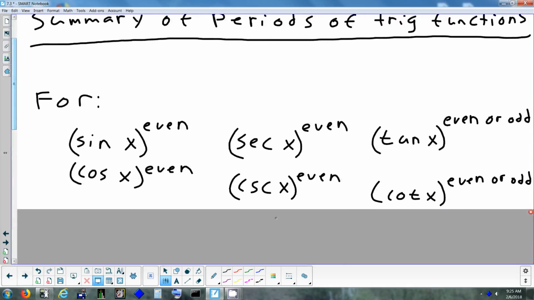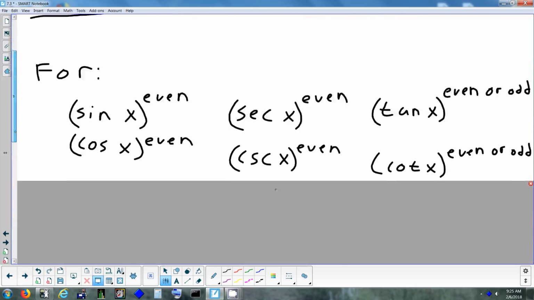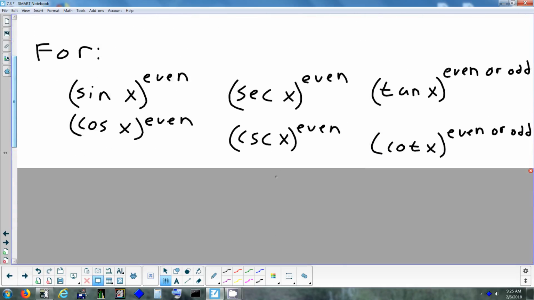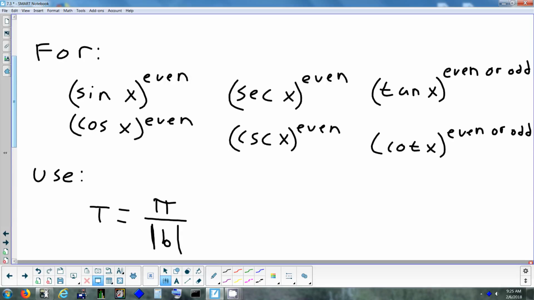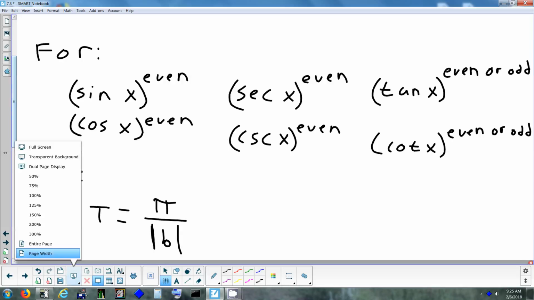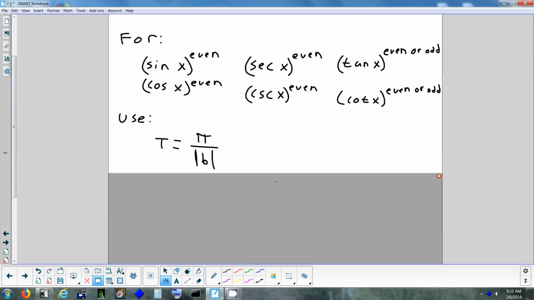So for tangent and cotangent, it doesn't matter whether you raise it to an even or an odd power. You're always going to use the formula I'm about to show you. But if you have sine, cosine, secant, or cosecant, any of those to an even power, the formula to calculate the period is pi over the absolute value of b.